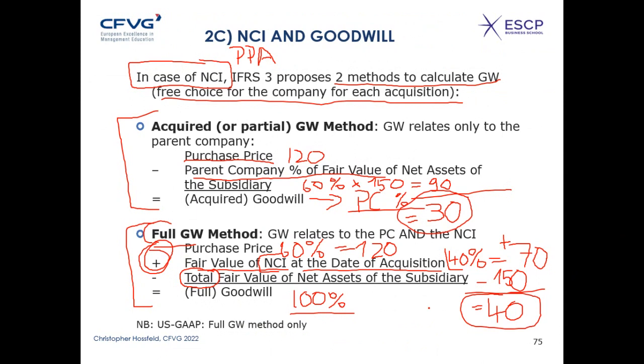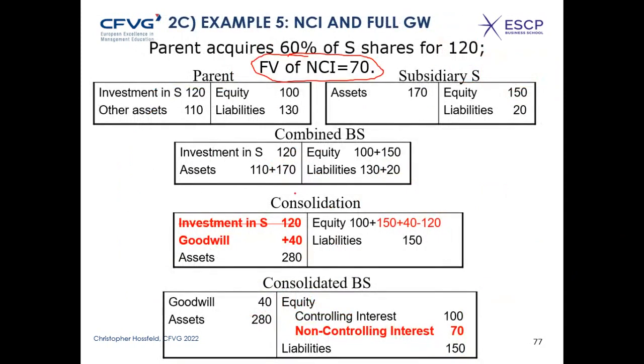And therefore, it must be higher, and it's always higher. Here the difference is 10. And actually, later on, those additional 10 of goodwill relate to NCI, non-controlling interest, and therefore we will find those 10 in NCI. Okay, let's see how this works when we use the full goodwill method. So we calculate the goodwill of 40.